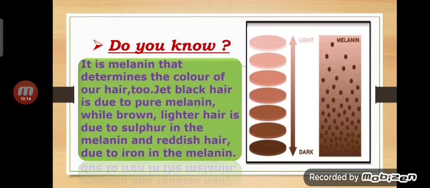So, whoever has jet black hair, it is pure melanin. When there is sulfur mixed with melanin, your hair will be brown or a little lighter than brown. And the hair which is naturally red in color is due to the iron which is mixed with the melanin in our skin. Okay, students?